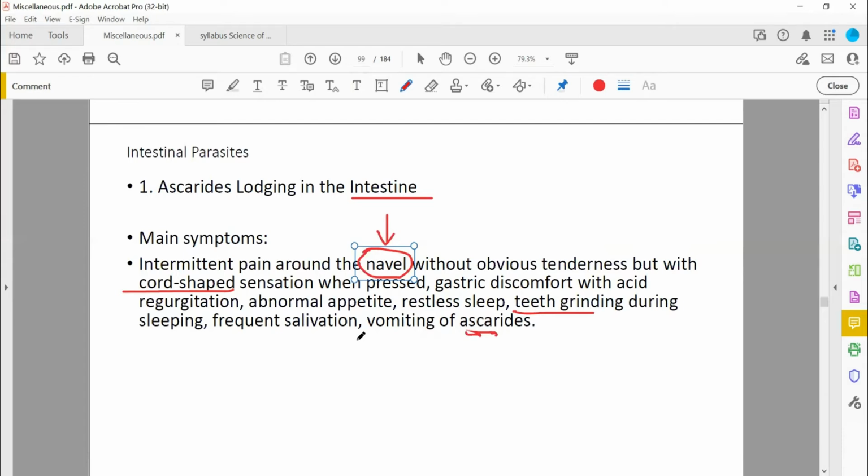So this could be the location. Take a look at the location, and there's just something there, right? The cord-shaped sensation when pressed. You can press there, you can feel a cord-shaped sensation.